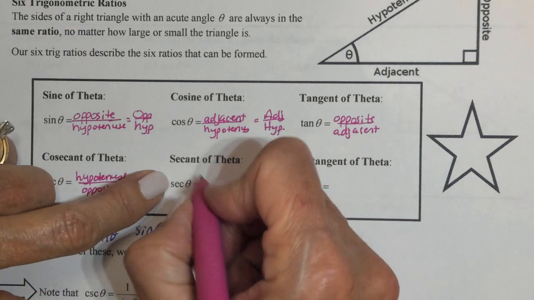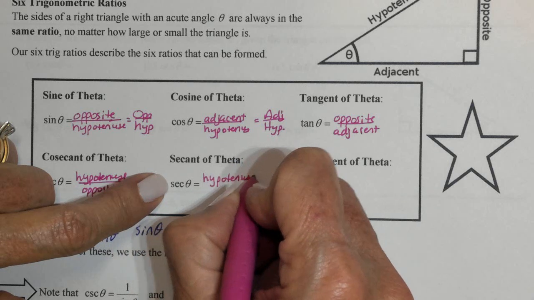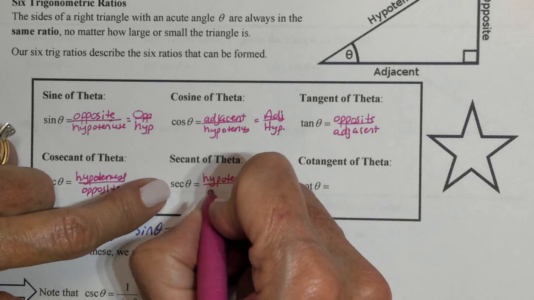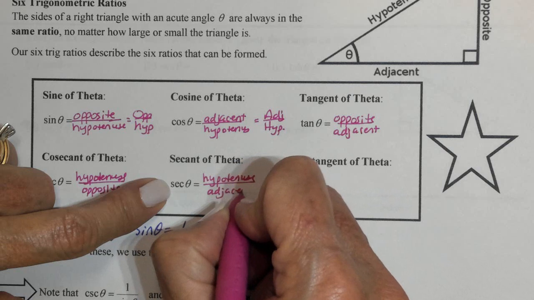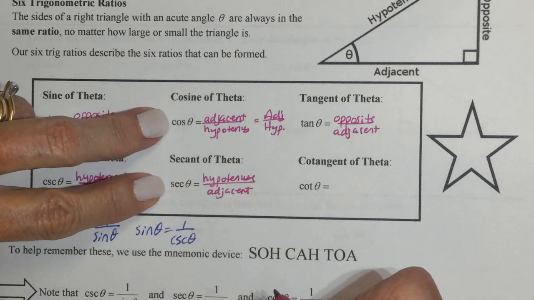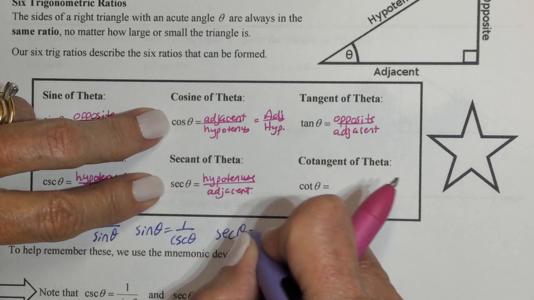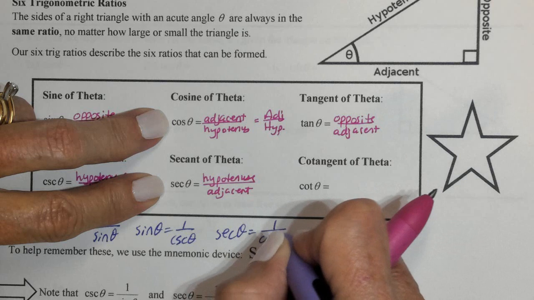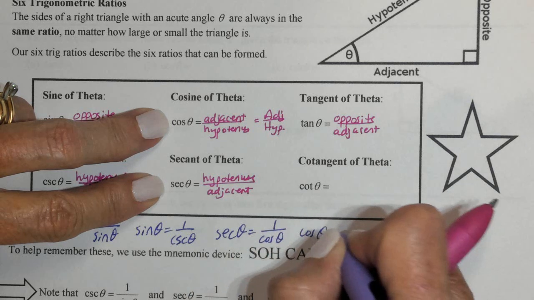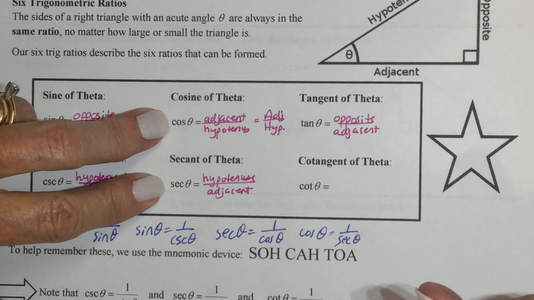Secant is always hypotenuse divided by adjacent. So it is the flip or reciprocal of cosine. So I could say that secant is 1 over cosine, and cosine is 1 over secant. They are reciprocal functions.